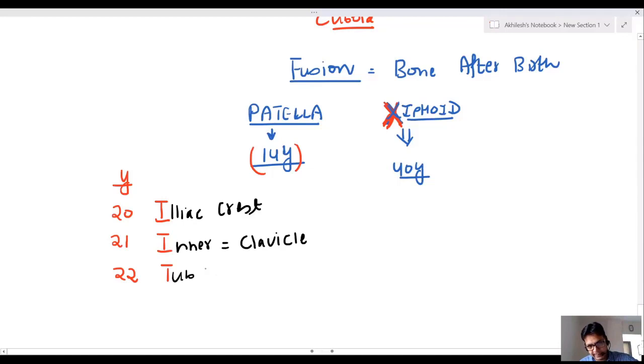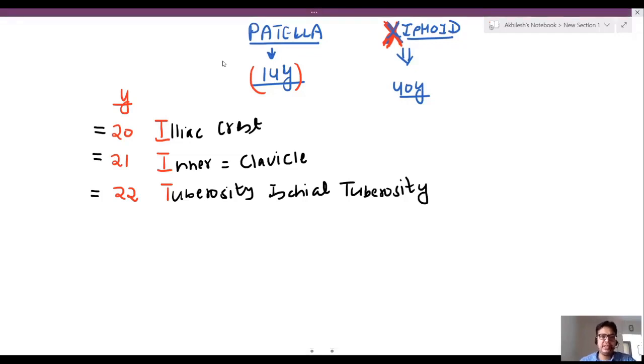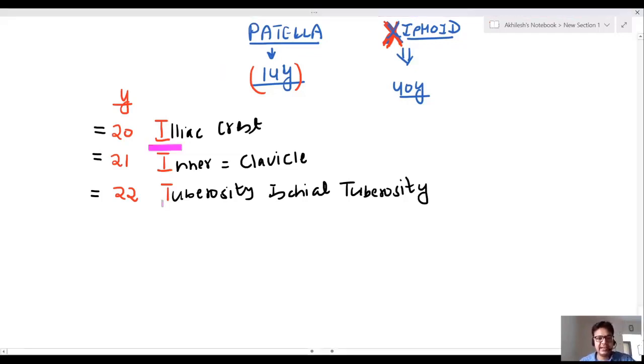Tuberosity, that is ischial tuberosity, 22 years. So 20, 21, 22: iliac crest, inner end of clavicle and ischial tuberosity. These are the ages. IIT. Very simple.